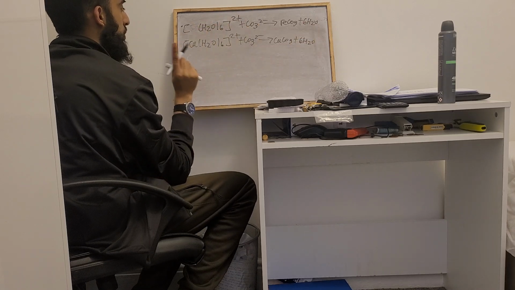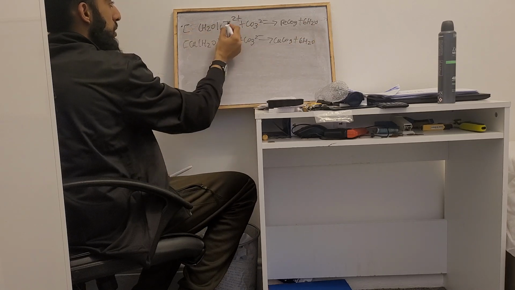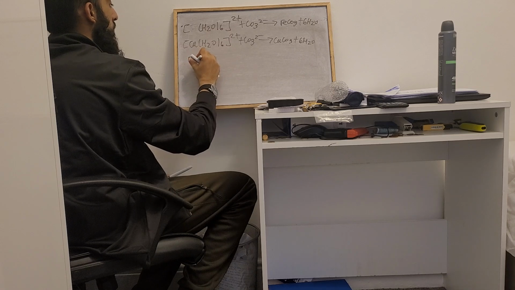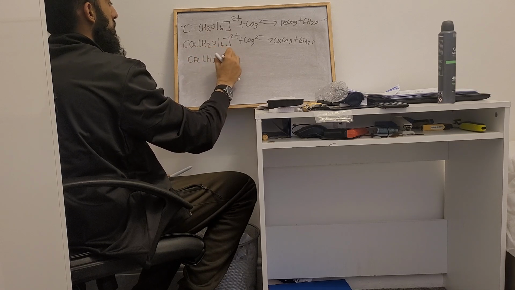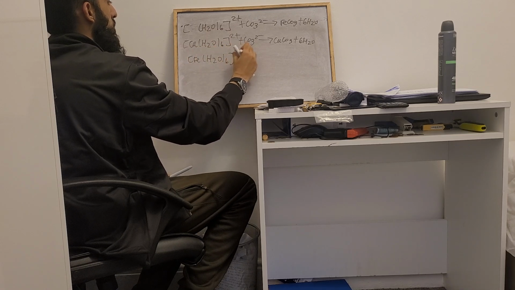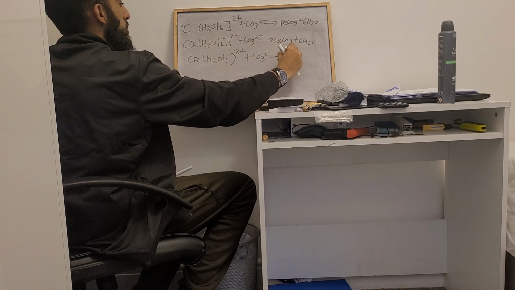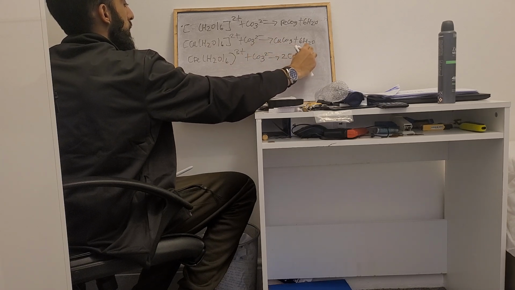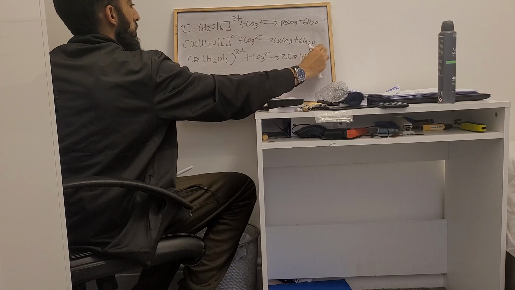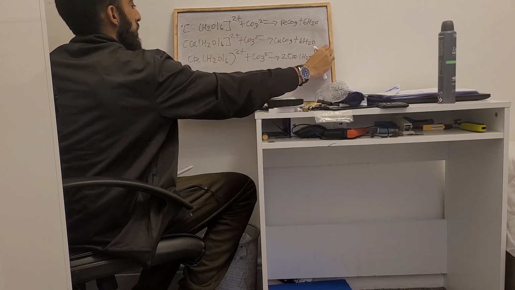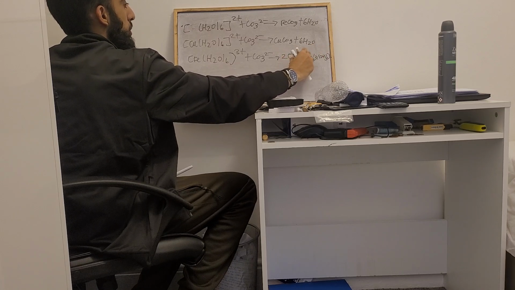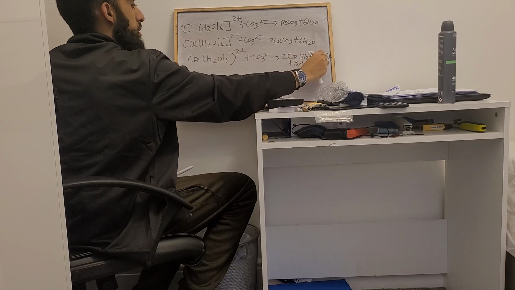But there's a special thing you need to know with the 3+ ions. So with [Fe(H2O)6]3+ plus CO3 2 minus, what you're going to form is 2 [Fe(H2O)3(OH)3] plus 3H2O plus 3 CO2.